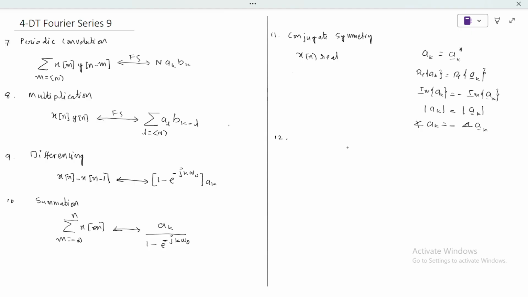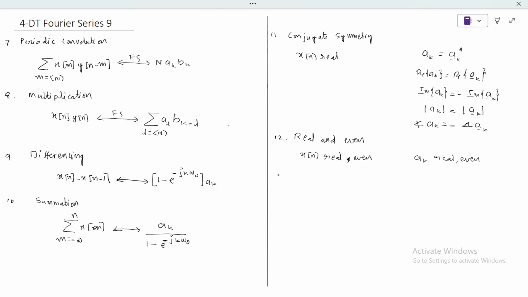The 12th one, real and even. If x of n is real and even, there is no change in the Fourier series coefficient, so ak is also real and even.